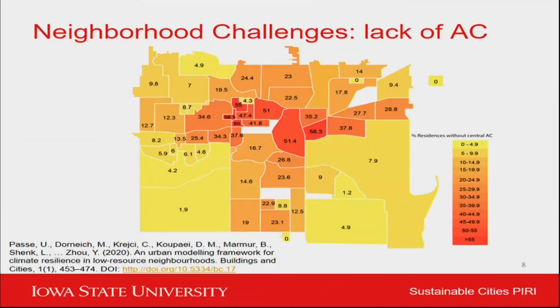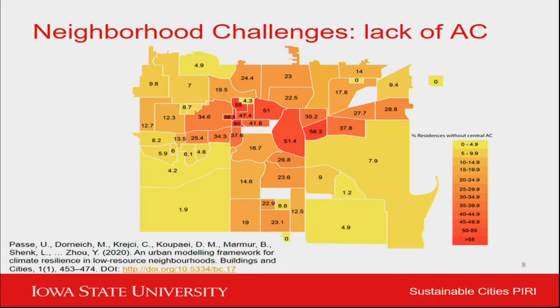against common assumptions, there are still a lot of neighborhoods in the Midwestern cities which have a fairly low penetration of air conditioning. Here you see a map of Des Moines, which has, in the center specifically, up to 50% of homes with only active central air conditioning.